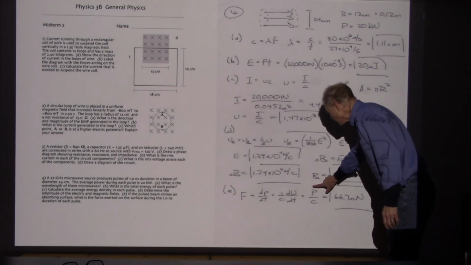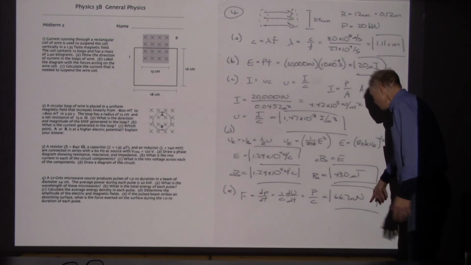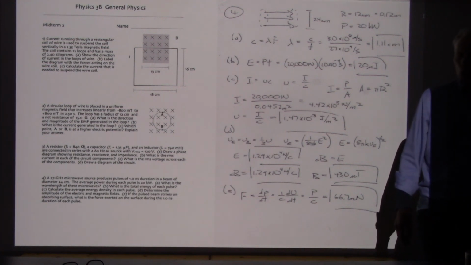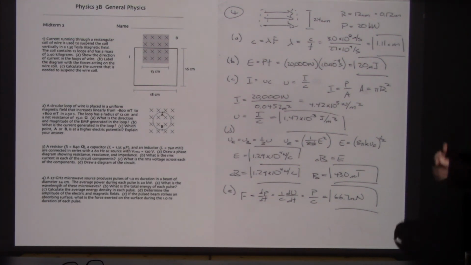And so that becomes the power divided by C, and that's not so much. It's 66.7 micronewtons. So when that pulse is hitting the surface during those brief nanosecond intervals, it's going to experience a force of 67 micronewtons for that time period. Okay.